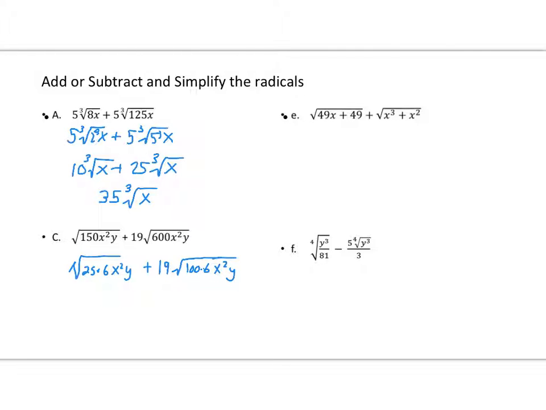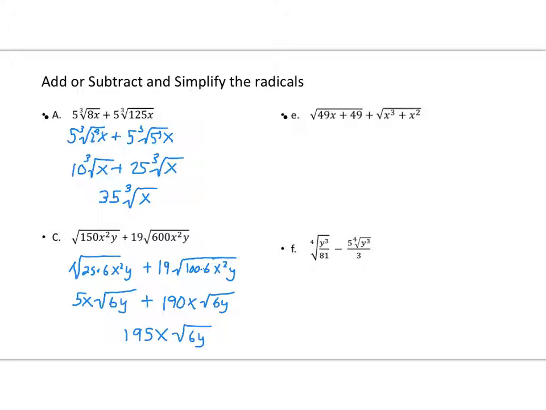Now I can bring out a 5 and an x, 5x over here, and I'm left with 6y here. And here I bring out a 10 and an x, and I get 190x, and I'm left with 6y. Now the radicand and the index are the same, so I can add these two together. So I get 195x square root of 6y.